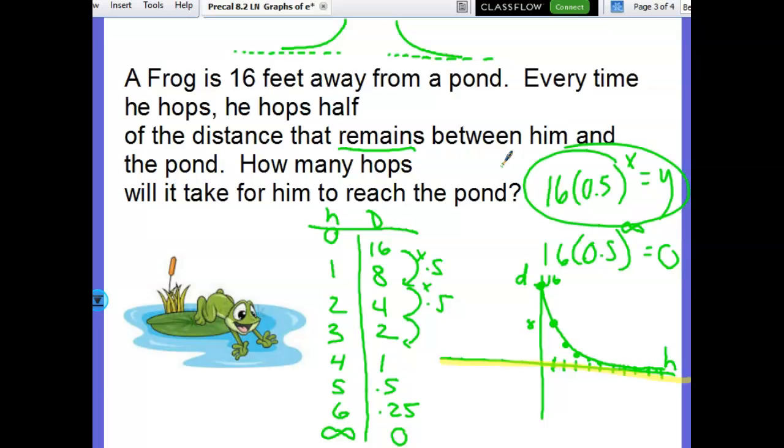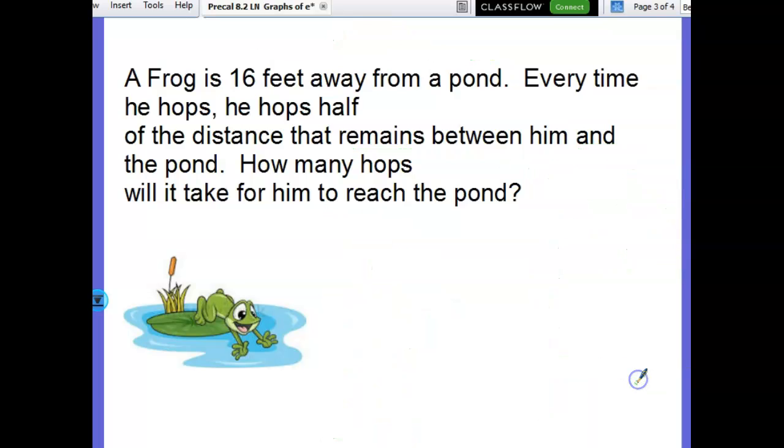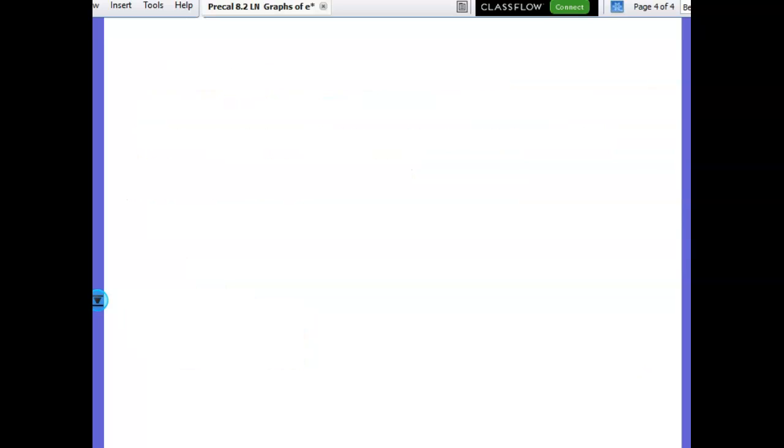Okay. So now, just to get you guys refamiliarized with some limit notation here, because that was kind of a bumpy trail for us last time we embarked on it. Let's try to ease you into it a little bit. As the number of hops increases, what happens to the distance?